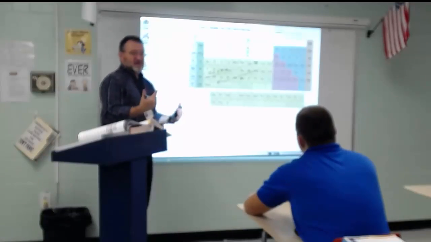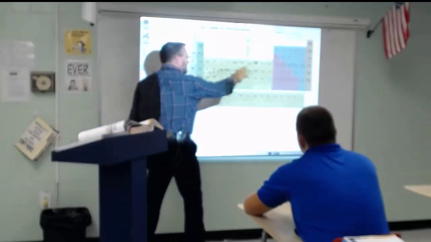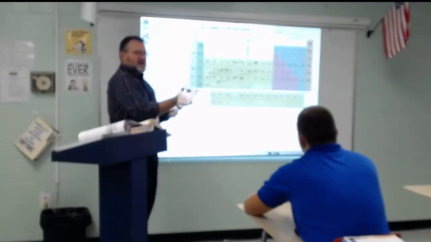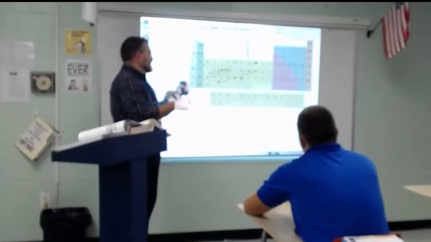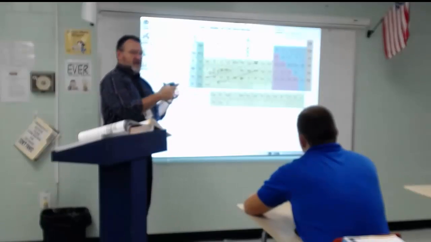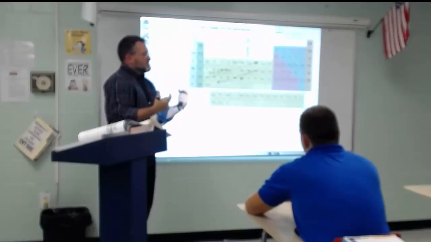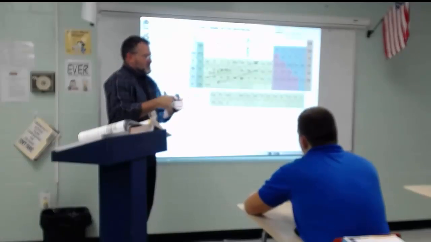What doesn't seem to make sense is as I go from left to right, I continue to add electrons as well. But the nucleus doesn't get bigger as I add electrons. The radius doesn't get bigger as I add electrons. The radius actually gets smaller. So as you add more, it takes up less space. The electrons become more condensed.